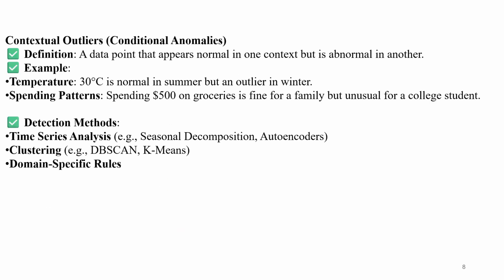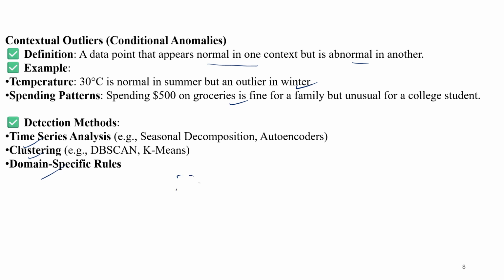The next one is contextual outliers. These appear normal in one context but are abnormal in another. Examples are temperature or grocery spending. The detection methods are time series analysis, clustering, and domain specific rules. Time series analysis means, in machine learning, we have algorithms like autoencoders, and using those you can also find them.